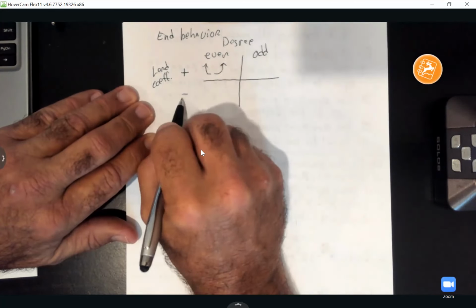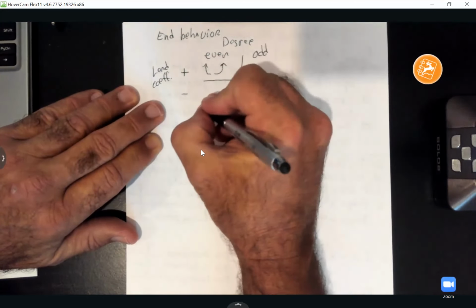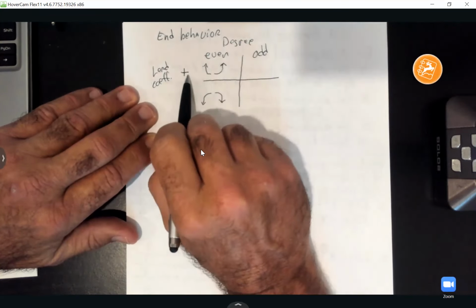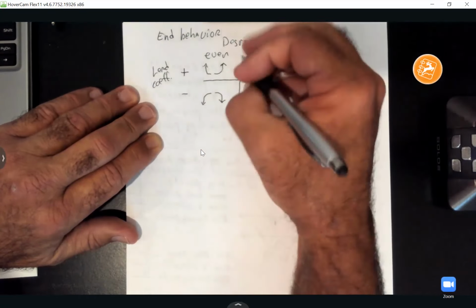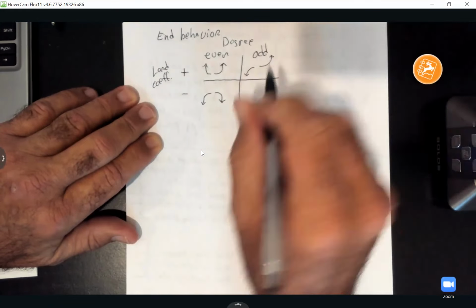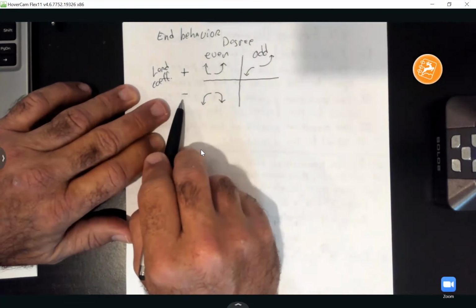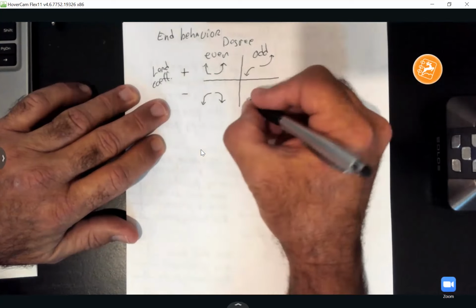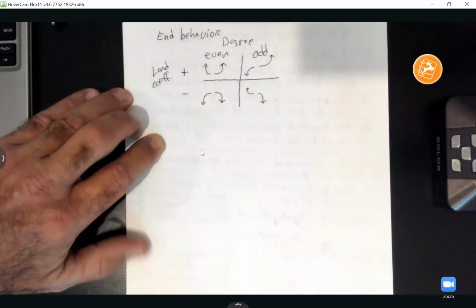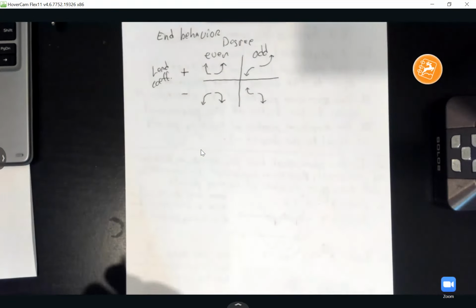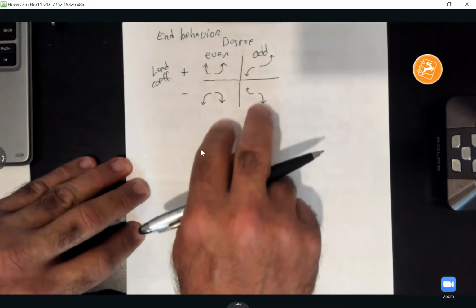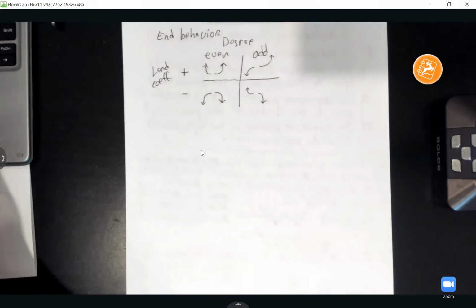A negative lead coefficient with an even degree, both ends went downhill. If it's a positive lead coefficient and an odd degree, those went uphill left to right. And if it was a negative lead coefficient and an odd degree, it went downhill left to right. Because probably more than half of these can be done just knowing these shapes of these graphs, okay?